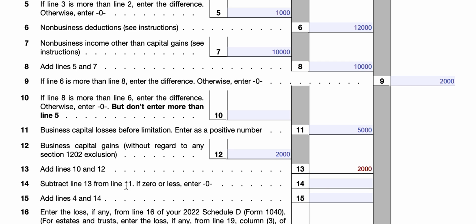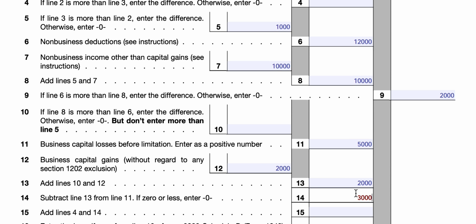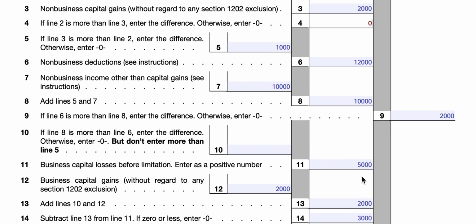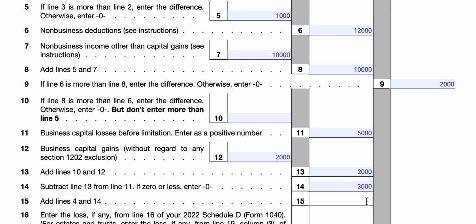And then from here, you would subtract line 13 from line 11. If this is 0 or less, then enter 0. Then you'll go back to line 4, grab that number. In this case, it's 0. But if there was a positive number, you would carry it down. You would add it to line 14. You would come up with the number that you enter into line 15.